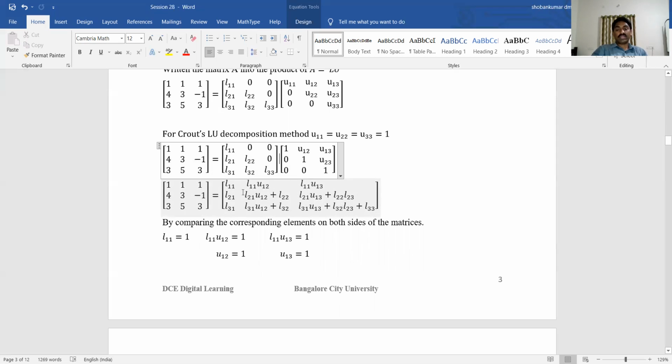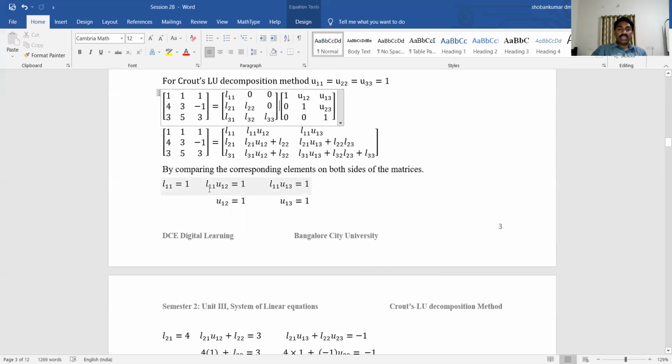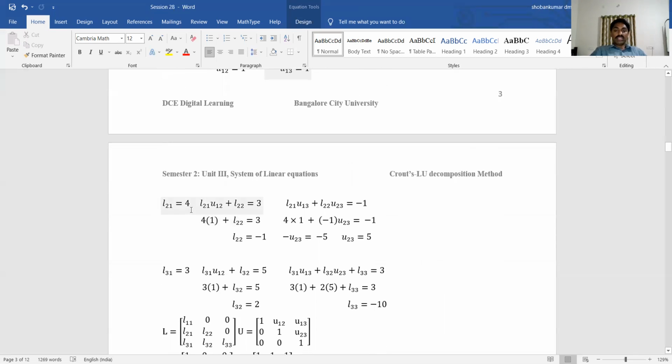Now equating the corresponding entries with the left hand side, we get L11 is equal to 1, L11 U12 is equal to 1, L11 U13 is equal to 1, so U12 is equal to 1, U13 is equal to 1, L21 is equal to 4, L21 U12 plus L22 is equal to 3, L21 U13 plus L22 U23 is equal to -1. From these equations, we know L21 and U12, put them here and we get L22.